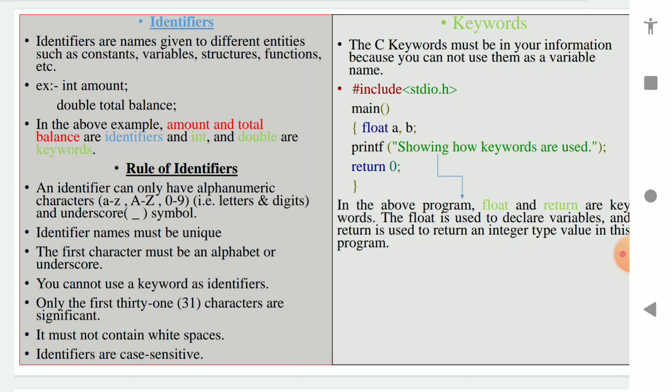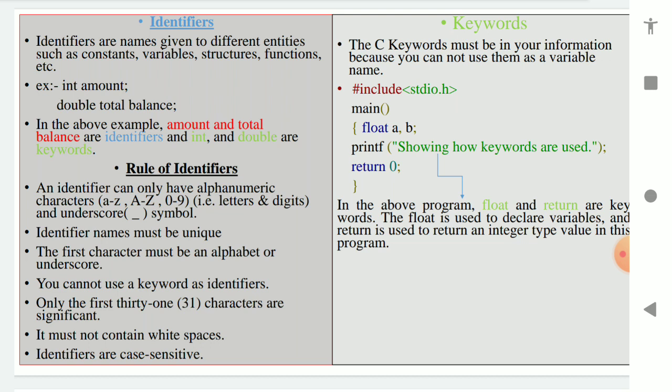Rules of identifiers. An identifier can only have alphanumeric characters: small a b c, capital A B C, numerals 0 to 9, letters and digits, and underscore symbols. Identifier names must be unique.